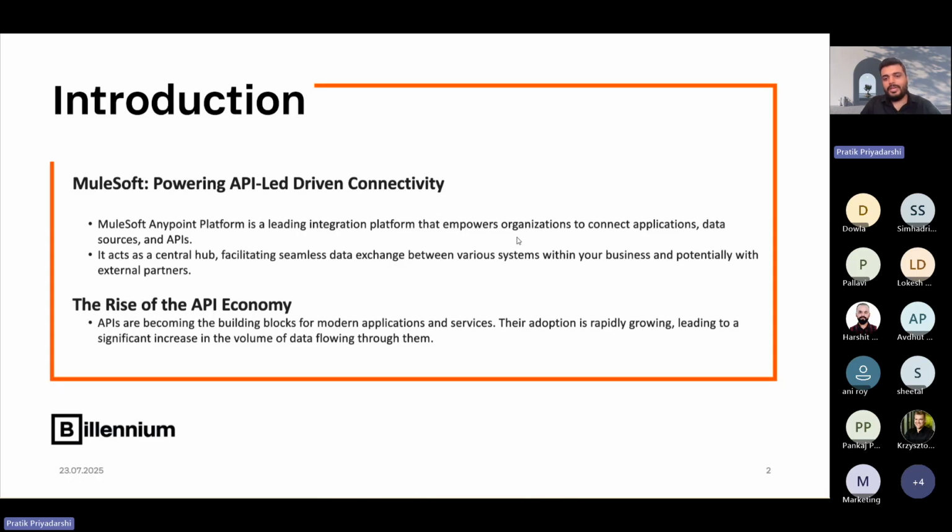And now, within 10 years, we have seen how organizations shifted from those monolithic architectures and big software to small, service-based APIs. So the API economy within the last 10 years has risen so much. But again, with this rise, we have vulnerabilities introduced, right?